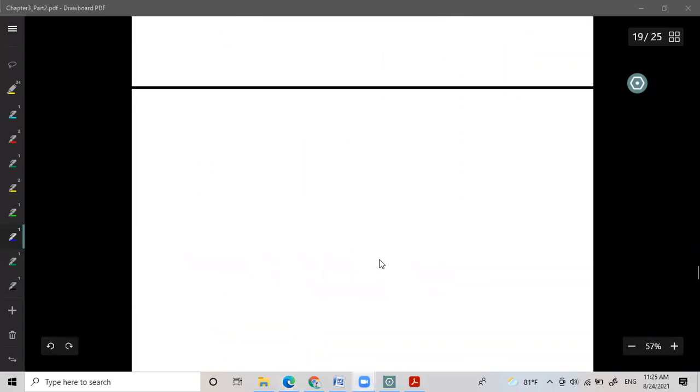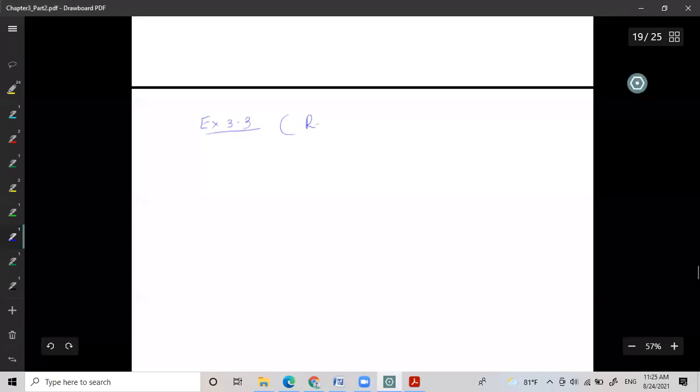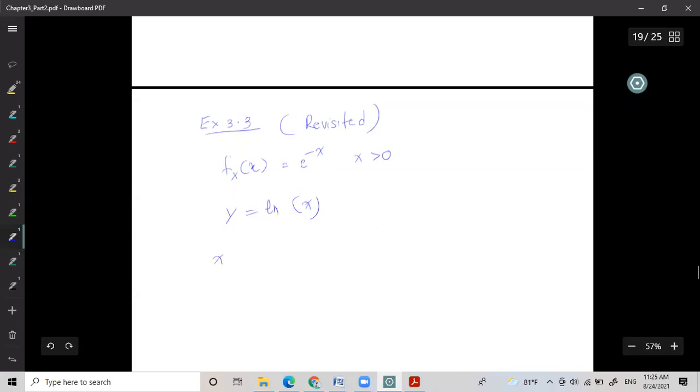Okay, so Janit, your question was, what was the limit of example 3.3, right? So we had f(x) equal to e to the negative x, which is x is exponential, and our y was ln x. So the limit of x when x is 0, what will happen to the ln x? What is ln 0? It goes to negative infinity, right?